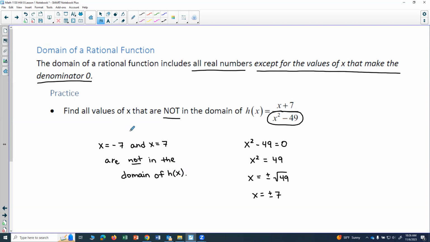So that would be my answer. Now, all the other real numbers would be in the domain. So in the next example that you're going to see, we're going to list the domain in interval notation. And so we would use all the real numbers except the two values that we found.